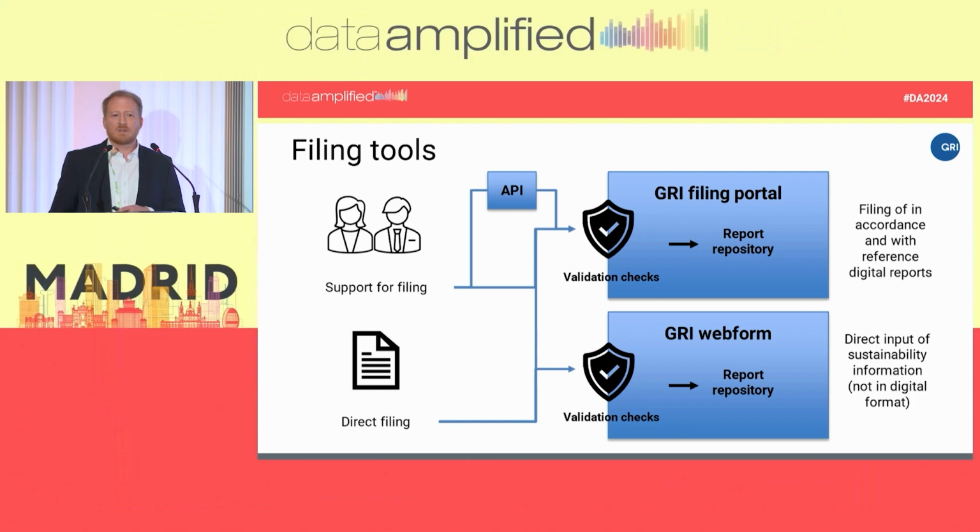We're mindful of how companies will adopt digital reporting, and again, in reflection of what Richard was saying earlier, we're not only providing a way for companies to register their XBRL or iXBRL reports with us, but we're also thinking about how we can provide, for example, a web form to allow smaller organizations to key in their data directly and manually in order to get that data submitted as well.